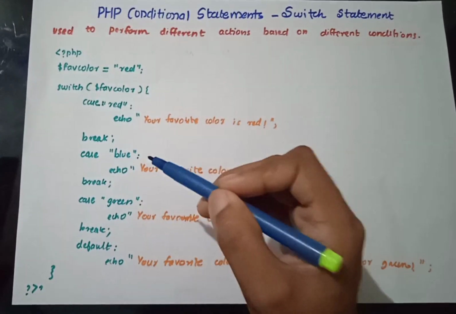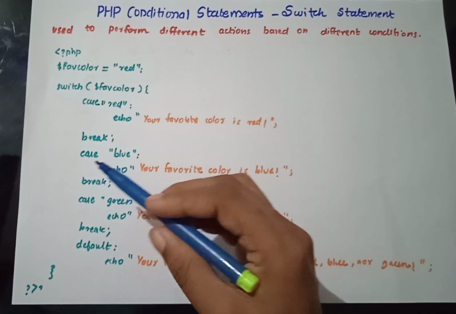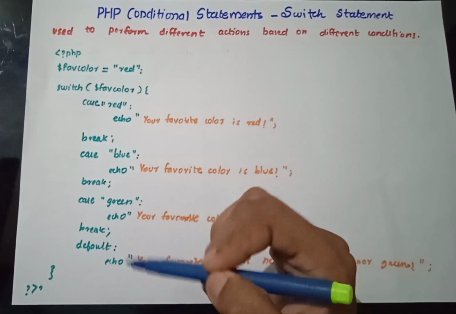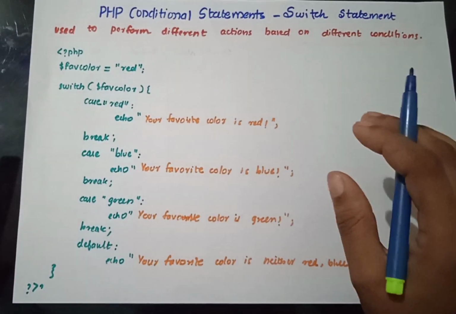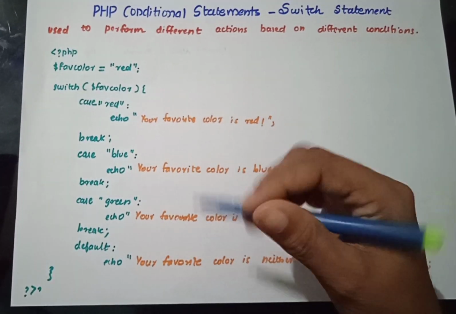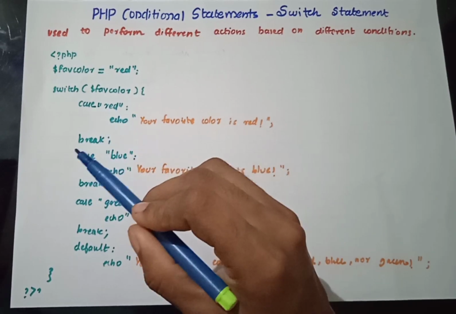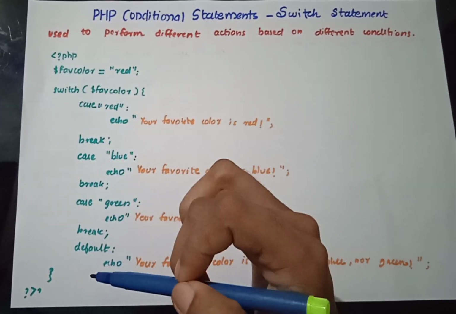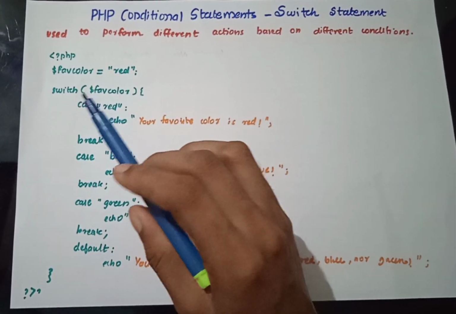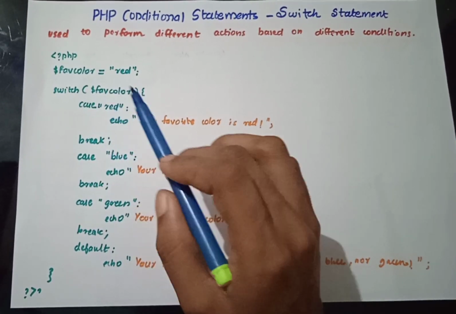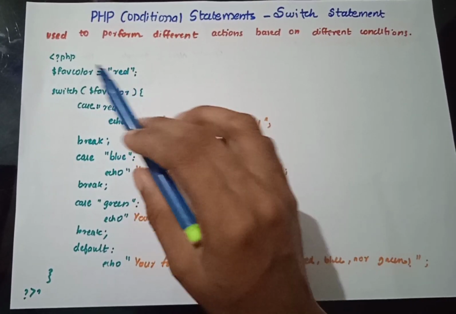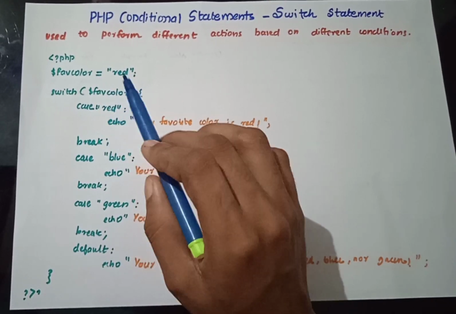Otherwise it will automatically jump and execute the following lines, and you will get a jumbled output. That is not good practice, nor a valid switch statement. So a switch is defined using switch, and it should have a condition, and here our condition is the favorite color.